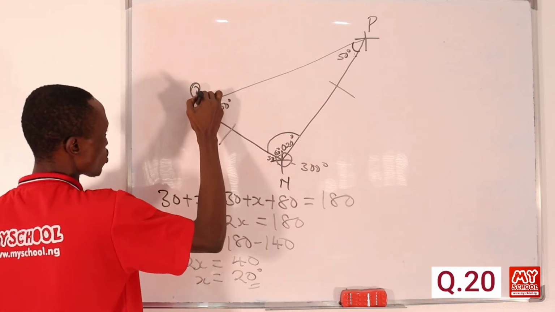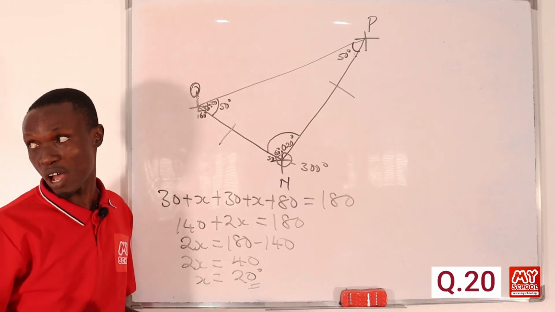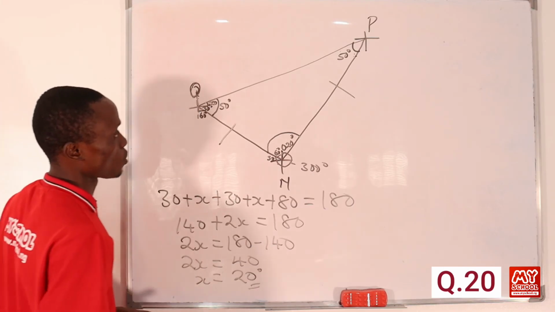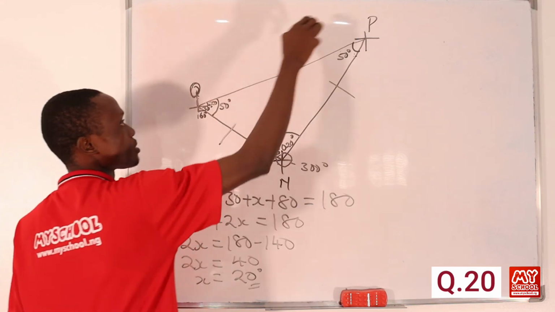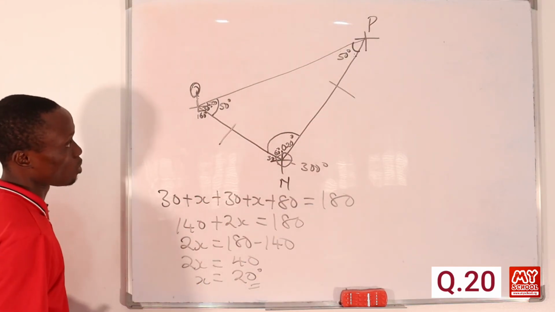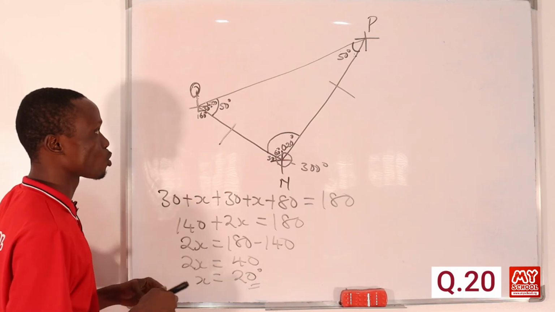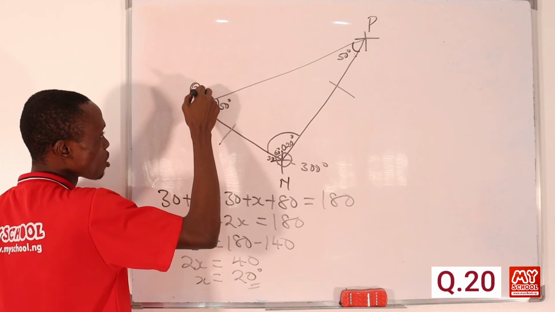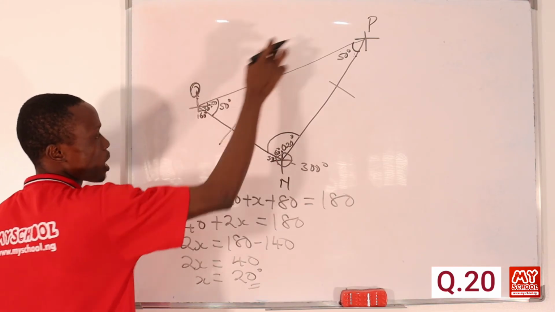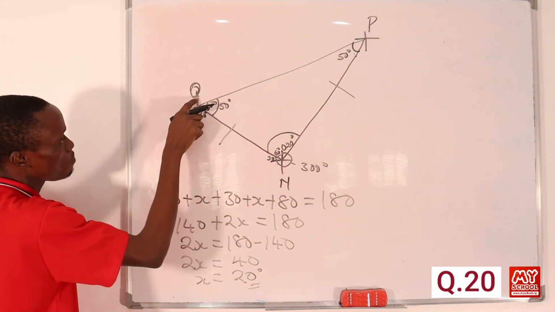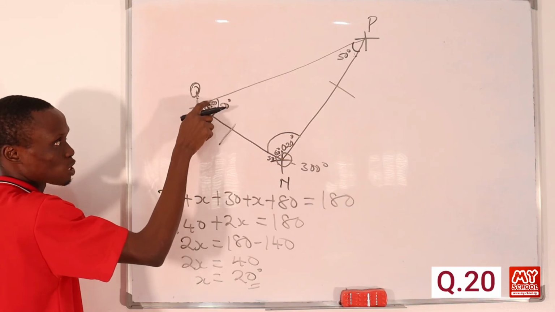Okay, but in this question we are asked to find the bearing of P from Q. So this is our Q, and this is the bearing that we are looking for. For us to calculate the bearing of P from Q, we have to measure from this point until our measurement touches this line that connects P and Q. But remember that from here to here is equal to 90 degrees, and we've already cut out 20 from inside.